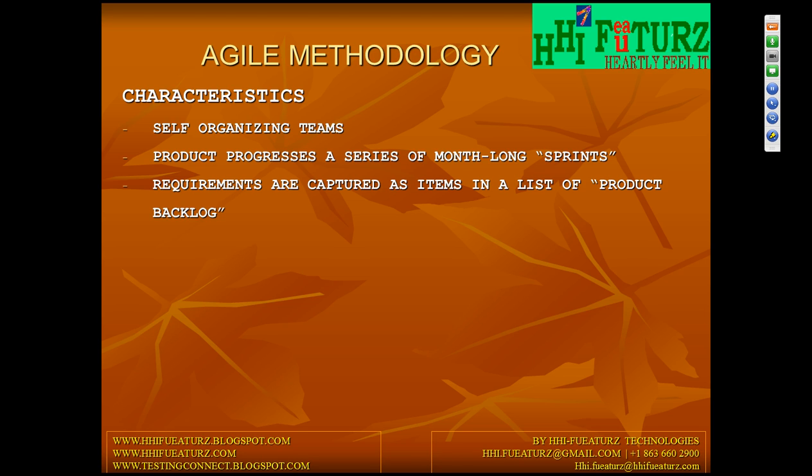That is nothing but your requirements or FRS document, or even use cases. But each and every requirement for that application in agile methodology is considered as product backlog. Okay, product backlog you will call it.